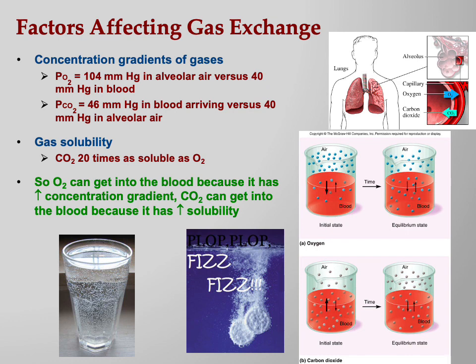So oxygen gets into the blood because it has a greater concentration gradient. CO2 can get into the blood because it has greater solubility. It's the pressure that forces it to move from one to the other. And then as a result of the pressure, oxygen relies on its concentration to stay dissolved in the blood. CO2 relies on its solubility to stay dissolved in the blood.